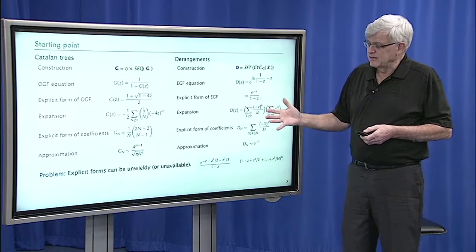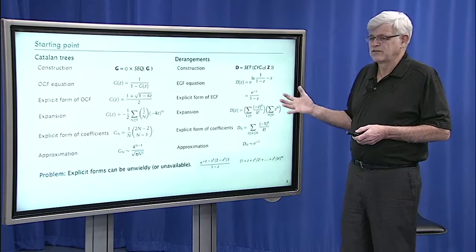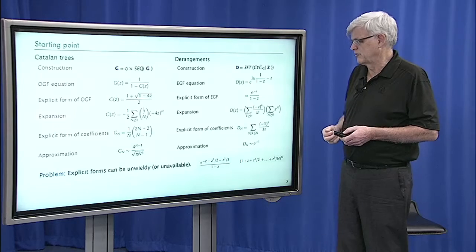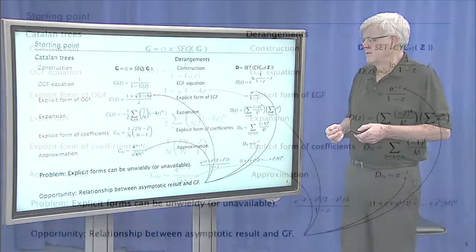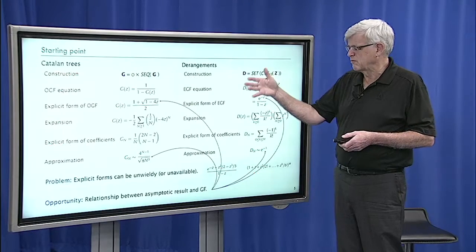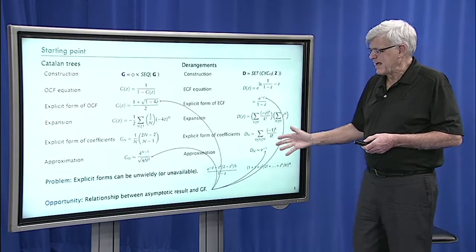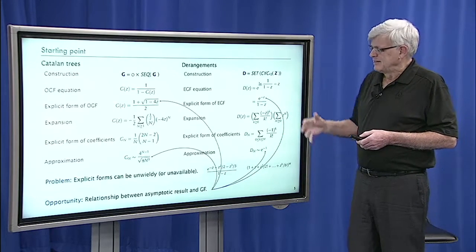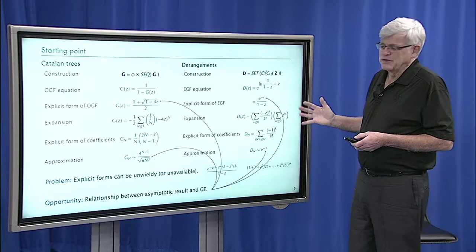And certainly in classical analysis, these kinds of problems face mathematicians all the time. But as we'll see, starting in today's lecture and in the next couple of lectures, there's an opportunity, because in the end, it turns out there's a relationship between the explicit form of the generating function and the asymptotic result. And even in these two examples, you can kind of see it.